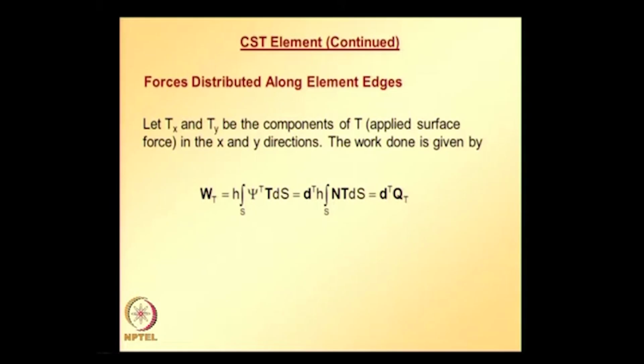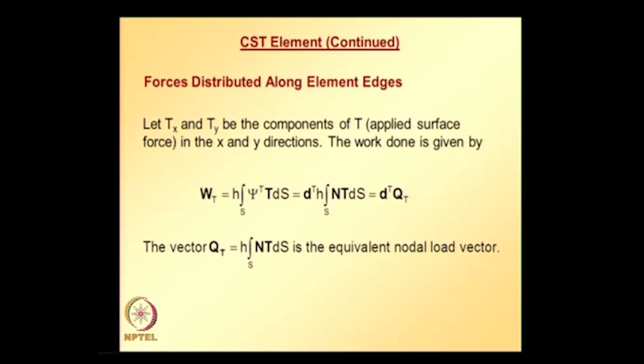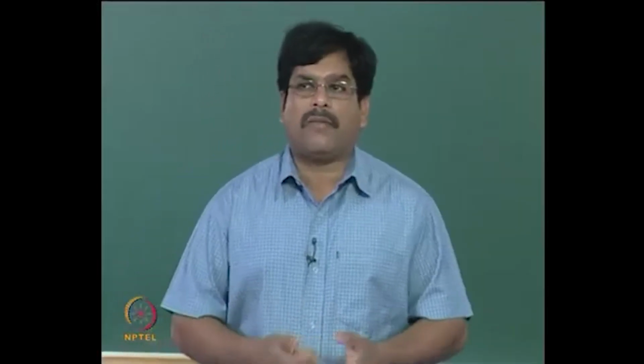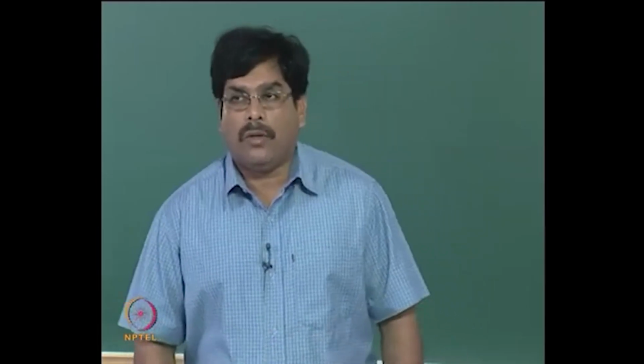Substituting psi in terms of nodal parameters and finite element shape functions, we can further write this W as d transpose H integral N T ds, which can be compactly written by defining a vector q_T, which is the equivalent nodal vector, because we have a distributed load and that distributed load we are converting into equivalent nodal loads. So, that is why q is the equivalent nodal load vector.